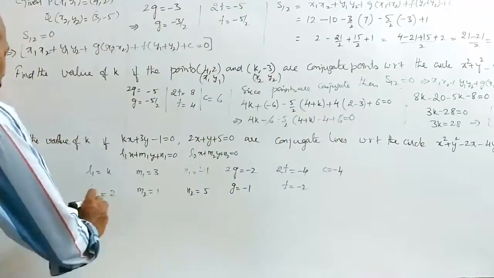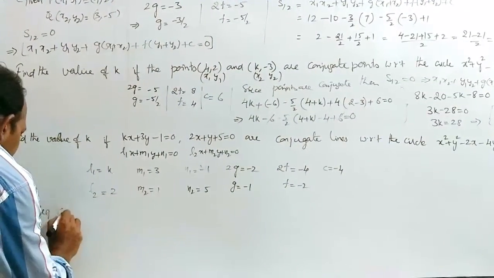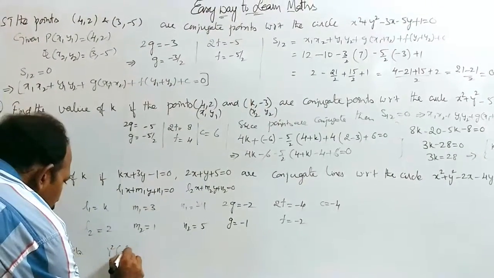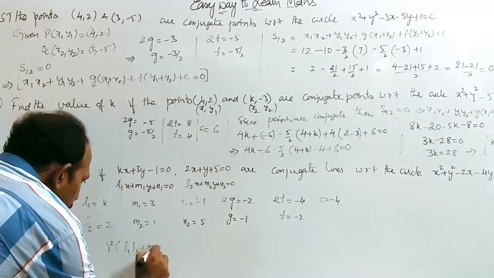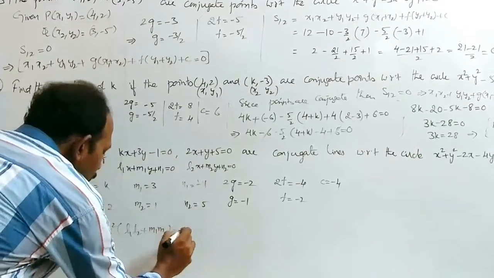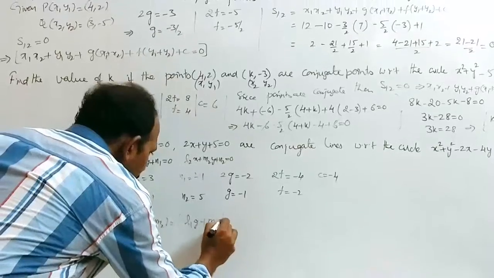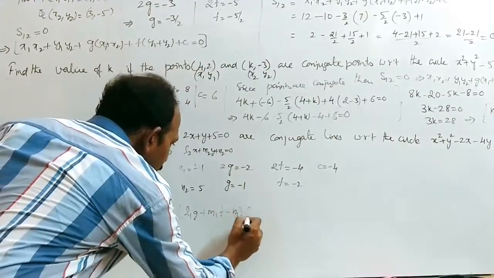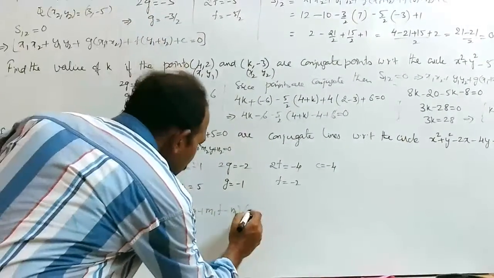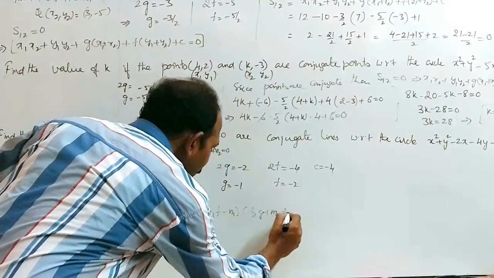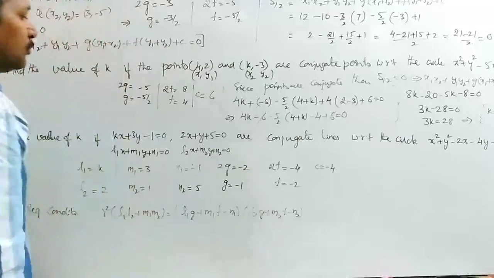Now the required condition is r square into L1 L2 plus M1 M2 is equal to L1G plus M1F minus N1 into L2G plus M2F minus N2.